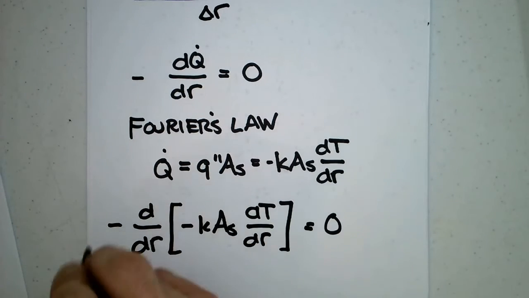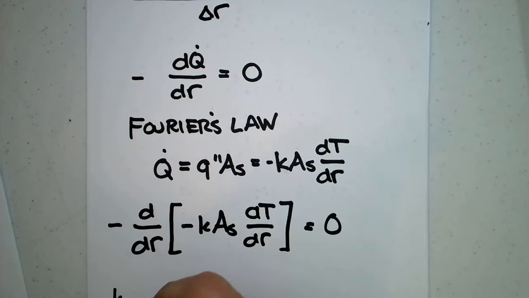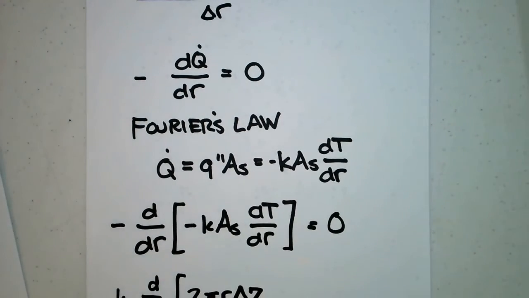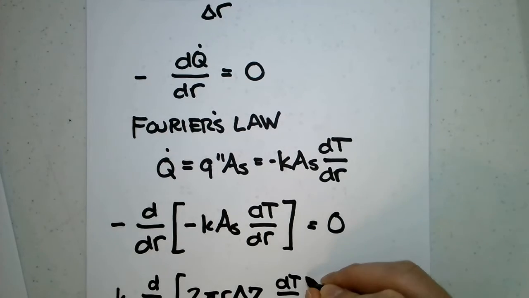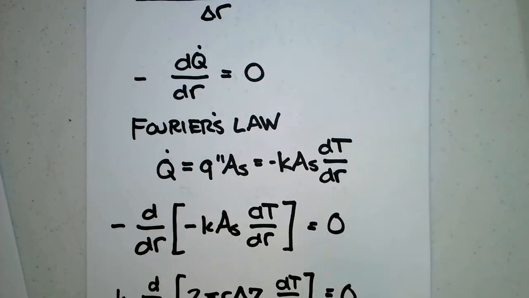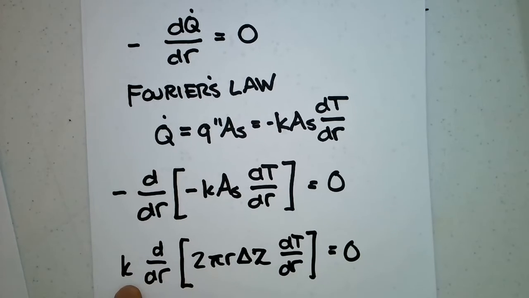So let's remove k, and we can write this as 2 pi r delta z dT dr equals 0.